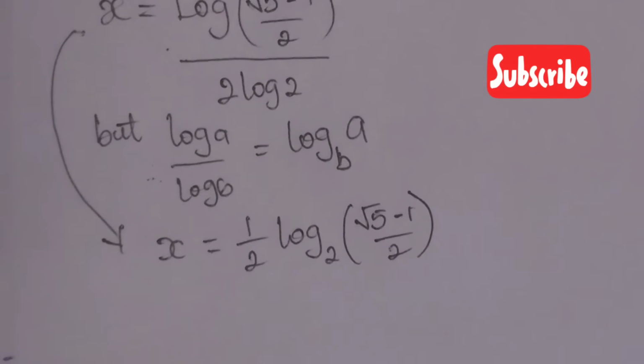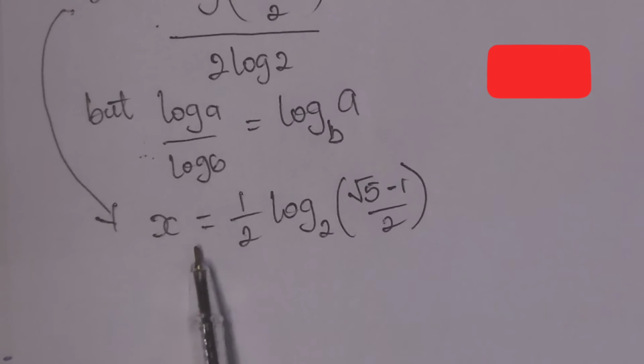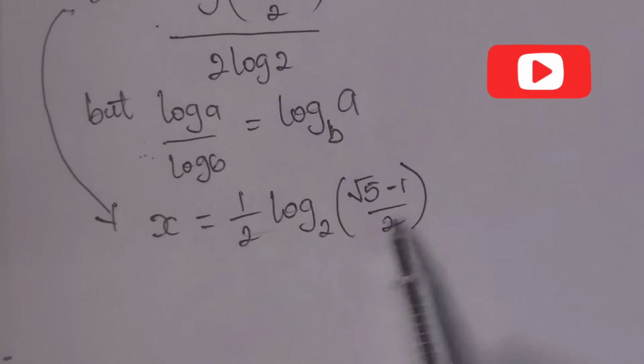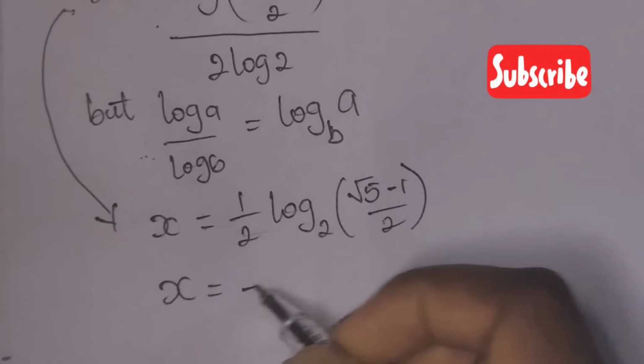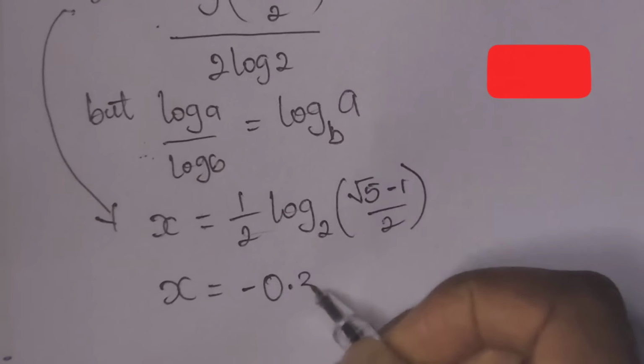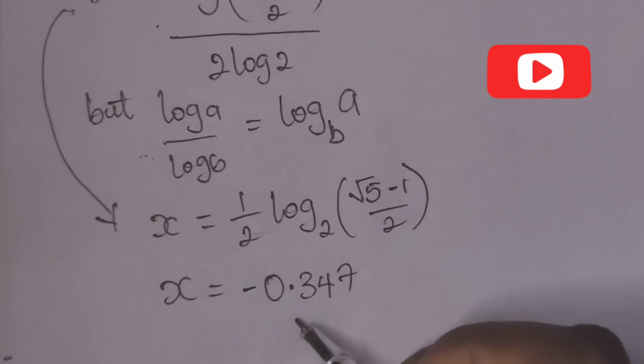So when we punch our calculator to resolve this, we'll be getting the value of x to be equal to minus 0.347.